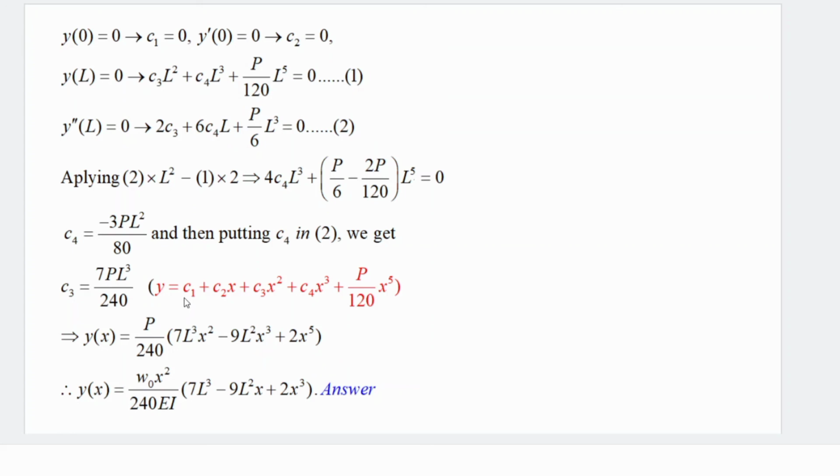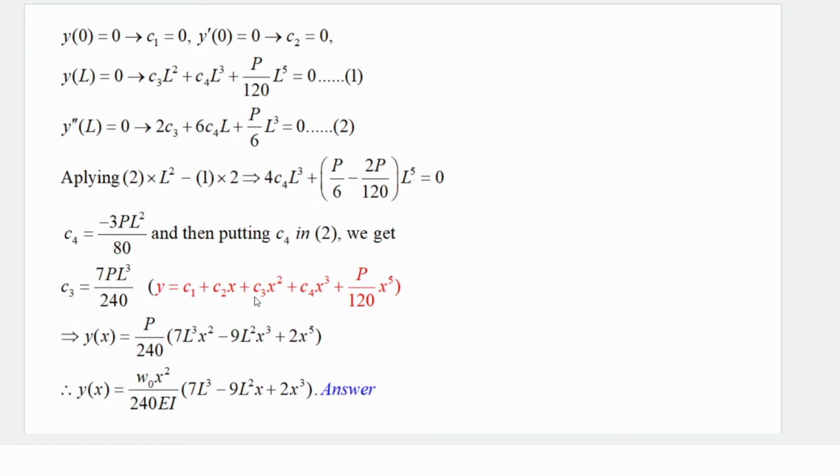So finally we put all C1, C2, C3, C4 in our general solution: y equals C1 plus C2x plus C3x squared plus C4x cubed plus P by 120 x to the power 5. Now we know that C1 and C2 are 0, C3 equals 7P L cubed divided by 240 and C4 equals minus 3P L squared divided by 80.